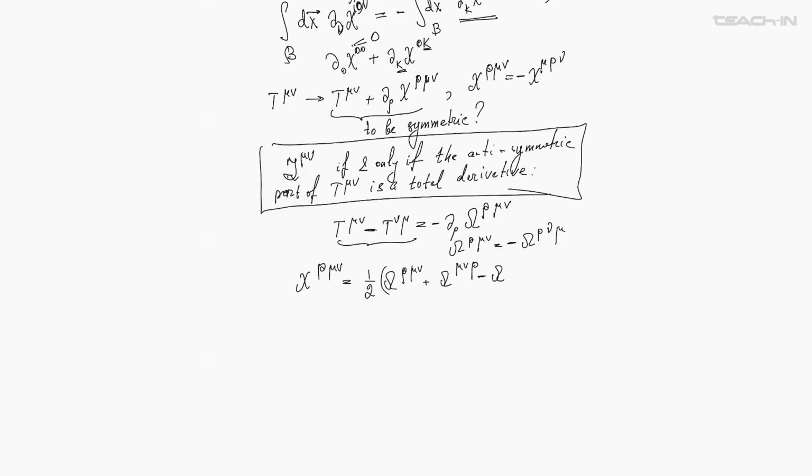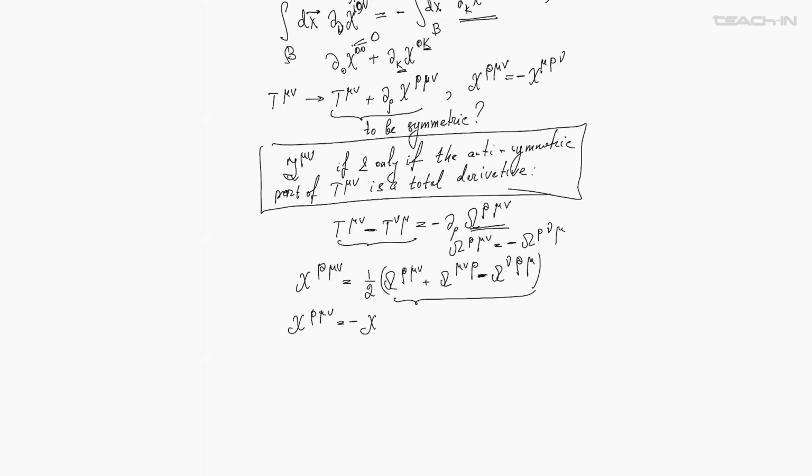Take this ω, which we find from the antisymmetric part of tensor T, and then perform this combination of these ω's with these indices permuted. Then we see that, in fact, this tensor χ has a desired symmetry. So χ^{ρμν} is equal to minus χ^{μρν}. Well, you see it explicitly from this formula.